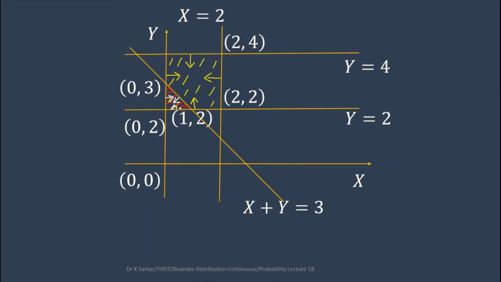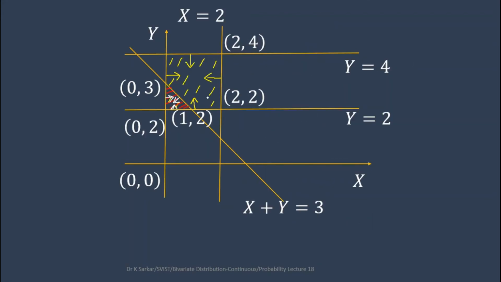And y greater than 2 means the upside of the y equals 2 line. And x greater than 0 means the right side of the x equals 0 line. So this red shaded region is the region whose probability we have to find.